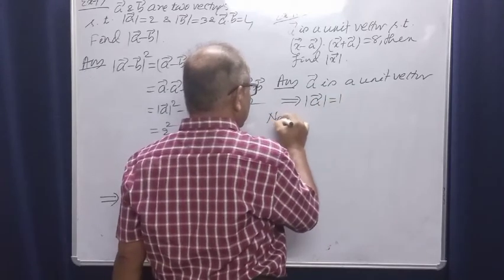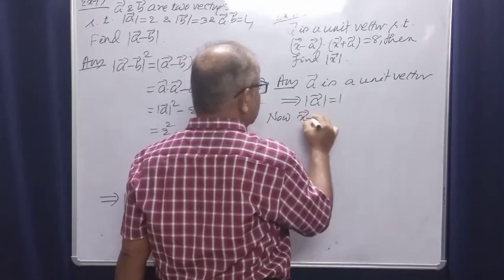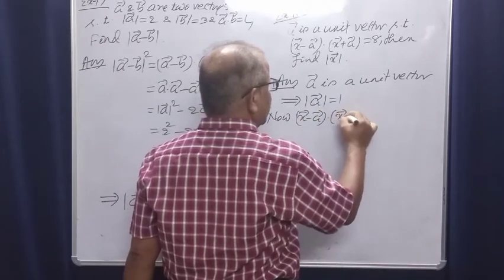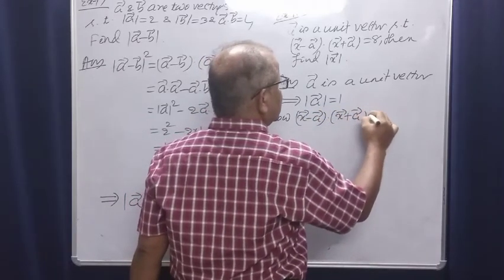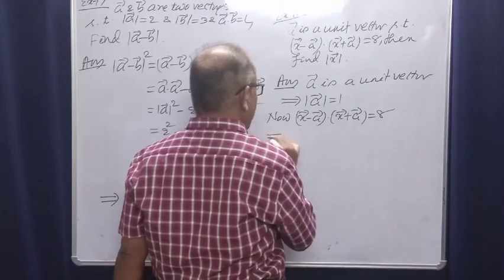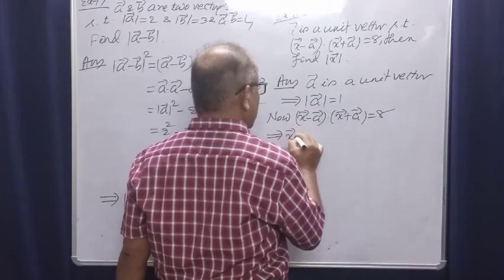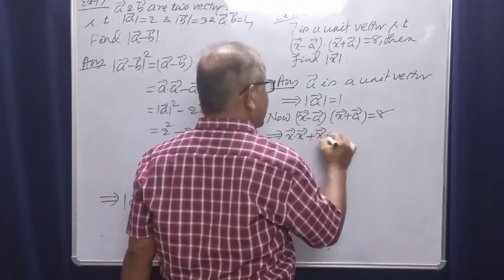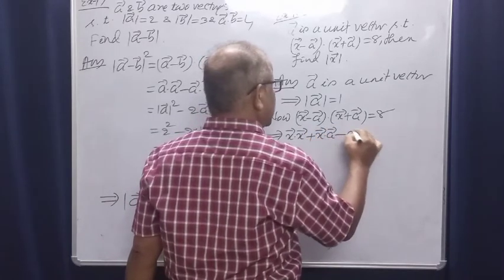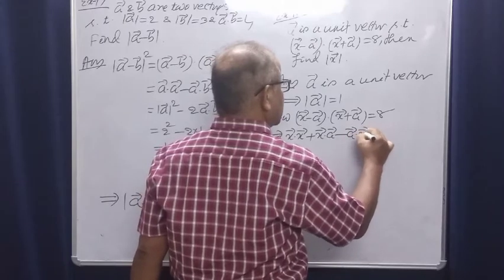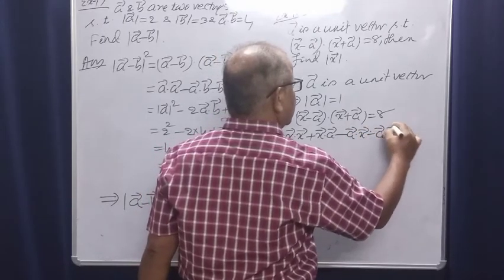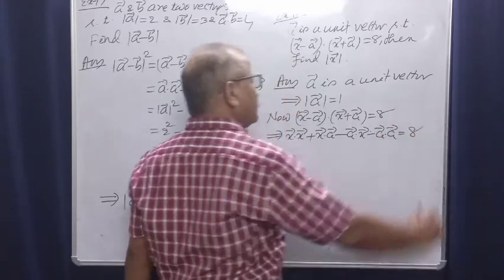Now, x minus a dot x plus a is equal to 8, implies it is x dot x plus x dot a minus a dot x plus minus a dot a is equal to 8.